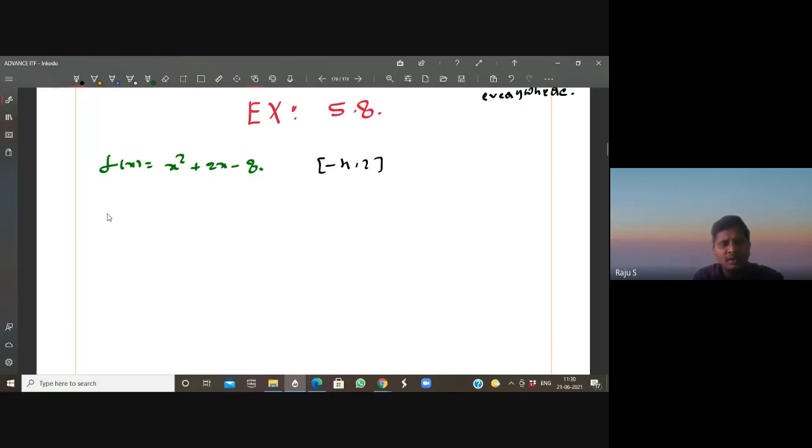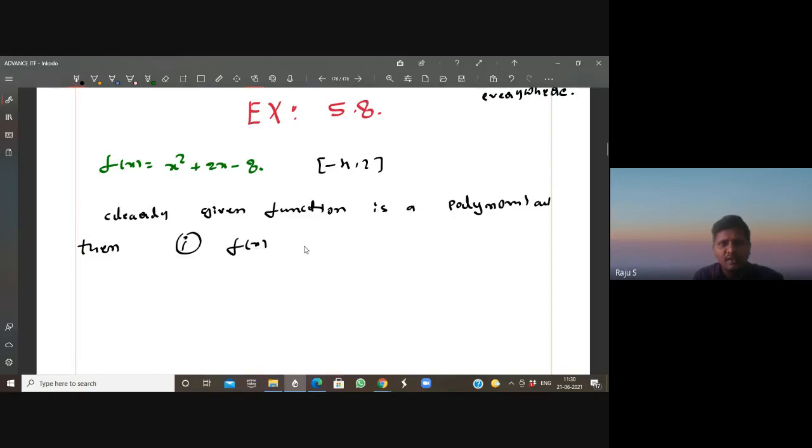Right, now what have we tried? Clearly, the given function is a polynomial. Then, first point, f of x is continuous.